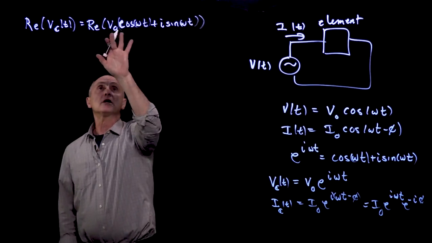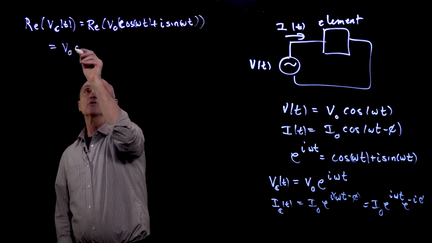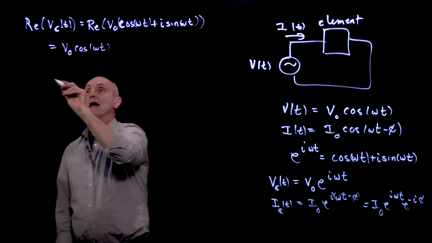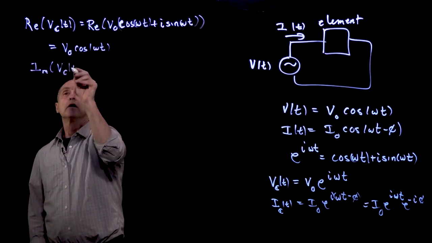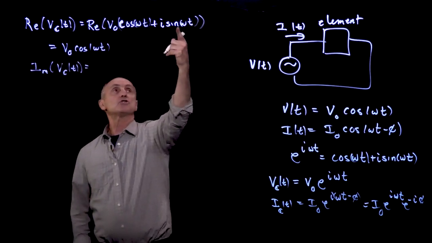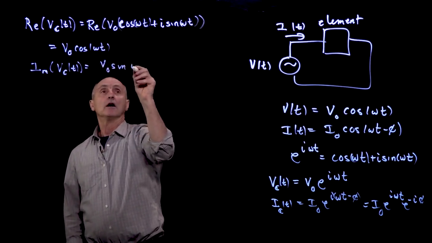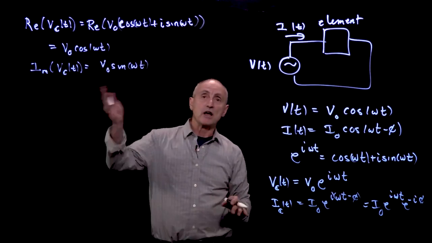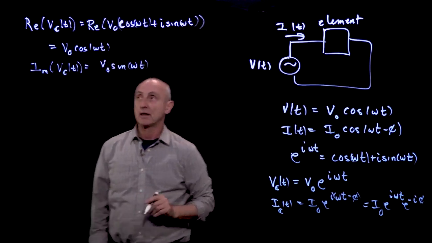The real part is just the cosine, so that is V naught times cosine of omega t. And in a similar way, the imaginary part of this voltage is just V naught sine of omega t. So whether we write our voltage as a sine function or a cosine function, we can still use this formalism.